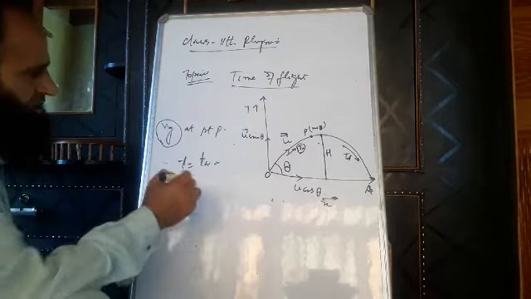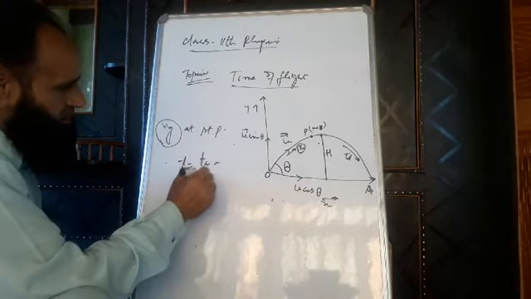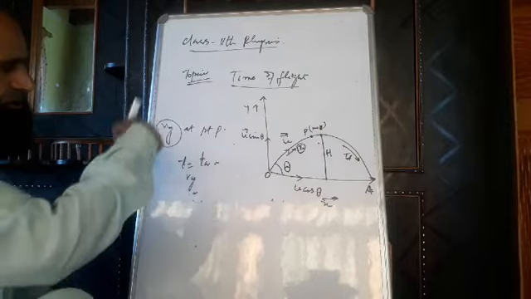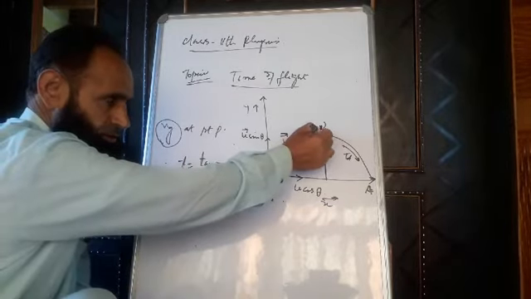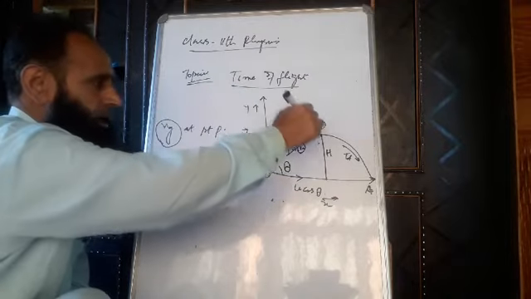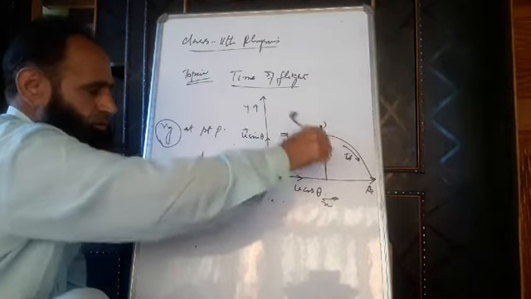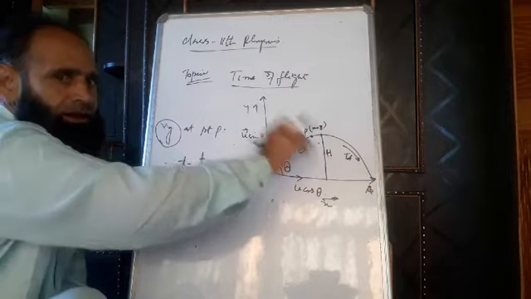Vy attains the value 0, it does not move further, and it is now descending. Then Vy goes to a negative value.